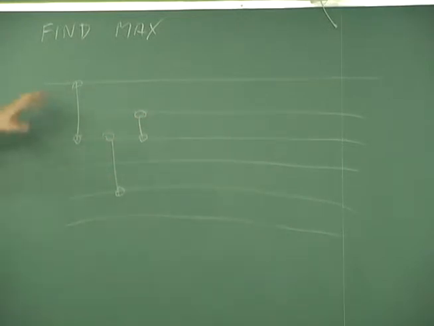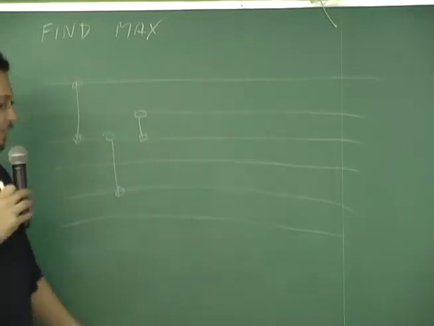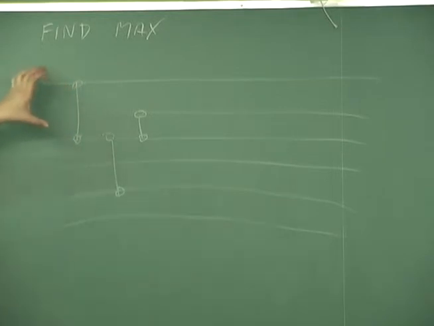The numbers are traveling from the left to the right, and each time they meet a comparator, these two values will be compared. The larger one will go to the top, and the smaller one will go to the bottom, or vice versa. In our case, we are interested in the maximum, so the larger ones will go to the top.